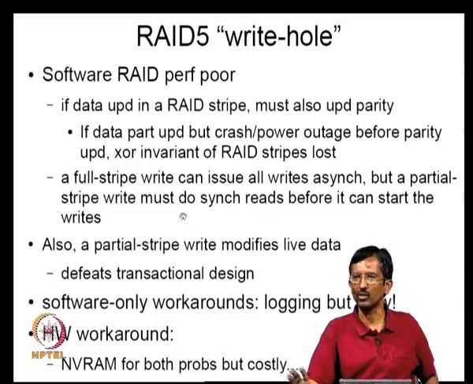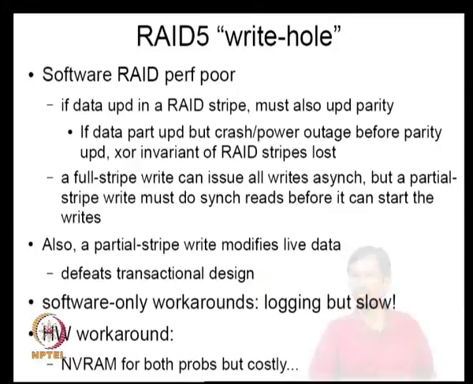So, you might have to do some logging, etc. But once you have logging, that means it has to be somehow persistent. There are multiple ways of doing this. One is what is called NVRAM, that is battery backed memory, and essentially you keep track of this information, log it in NVRAM, and then because it is battery backed, in spite of whatever crash or power outage, you may be able to recover from it.